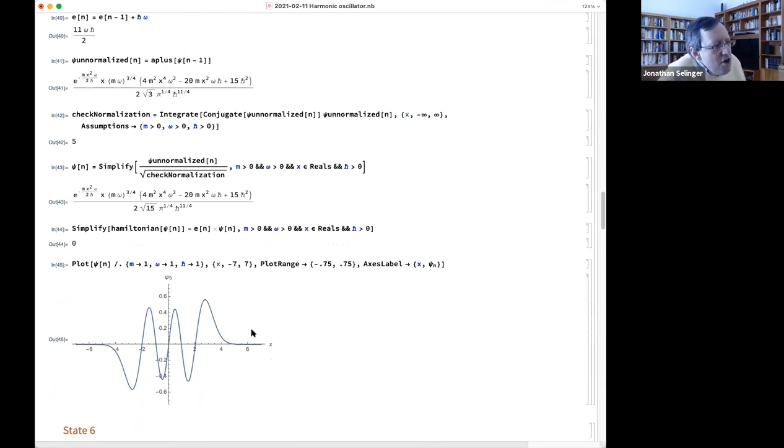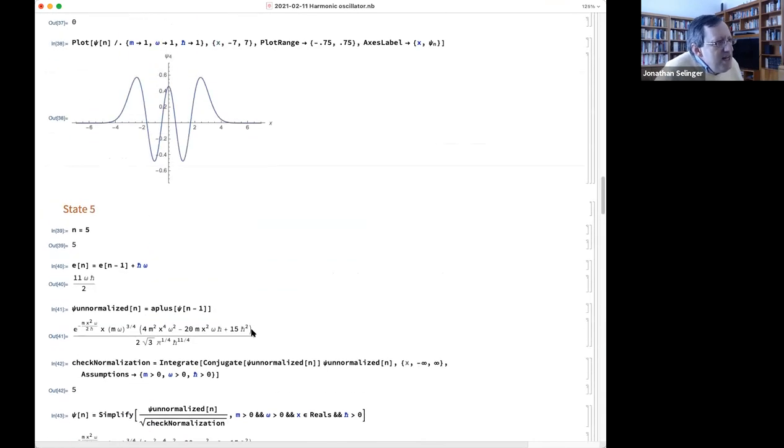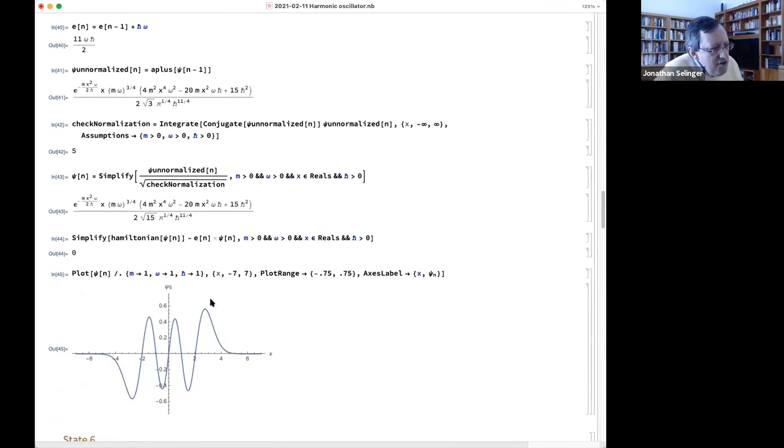You'll notice that all of the even n's are even functions. That is, they're symmetric between the positive x side and the negative x side. And all of the odd n's are odd functions. That is, the function for positive x is the negative of the function for negative x.